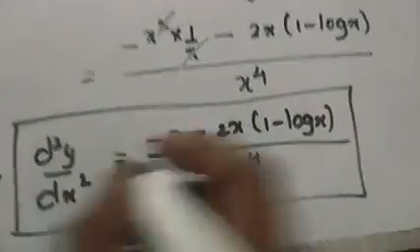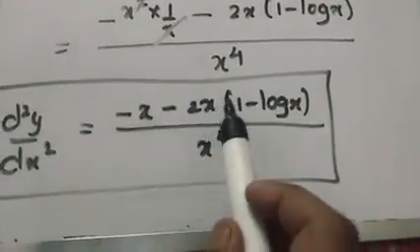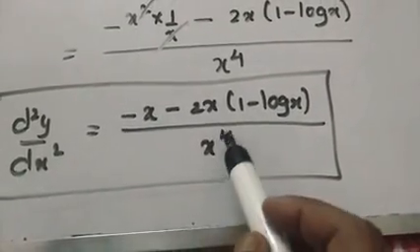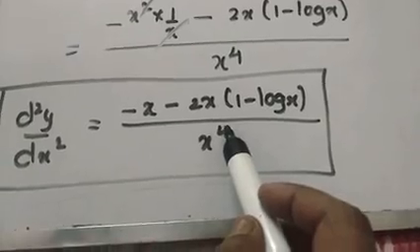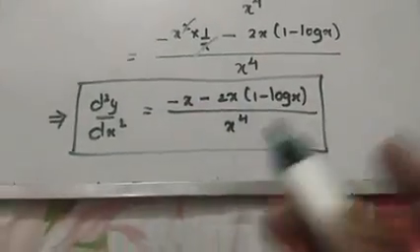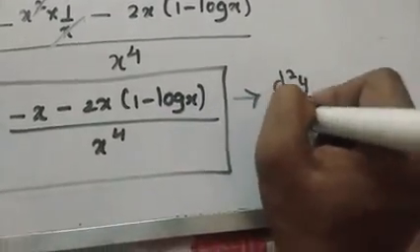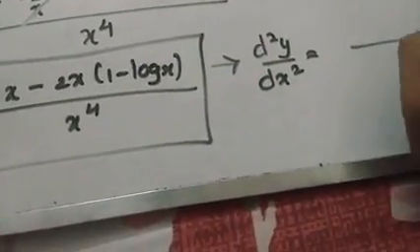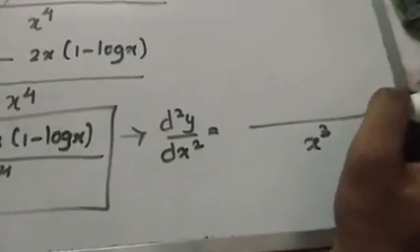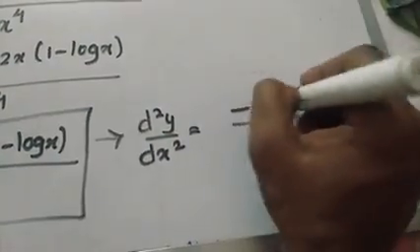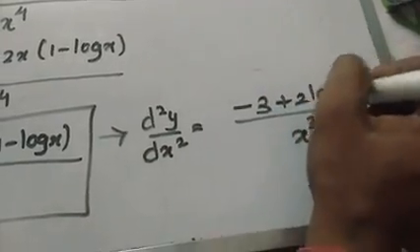Here you can further simplify. See, in both the terms x is common, you can take x common, that will cancel with x to the power 4. Then you can open the bracket. I can directly write the simplified form. It will come x cube, and here minus 3 plus 2 log x.